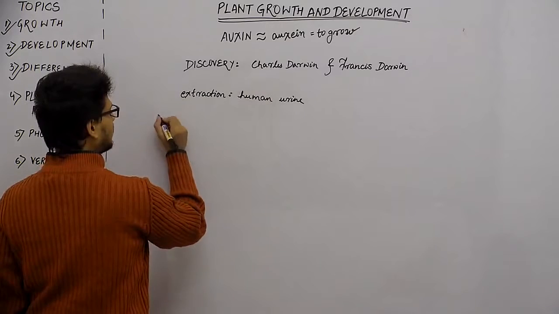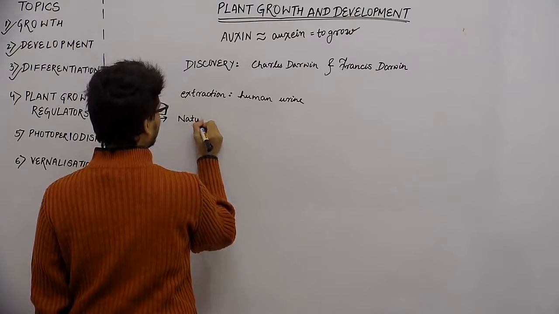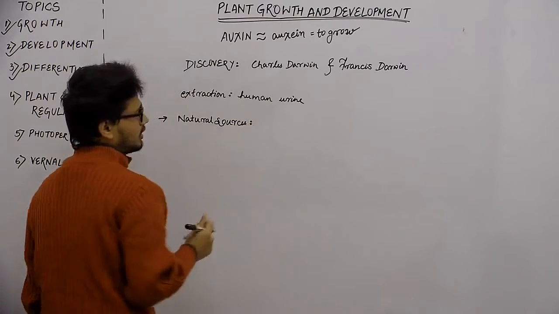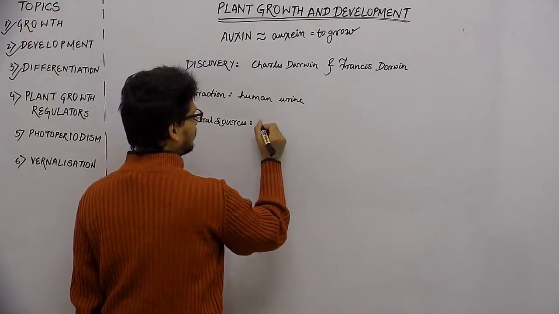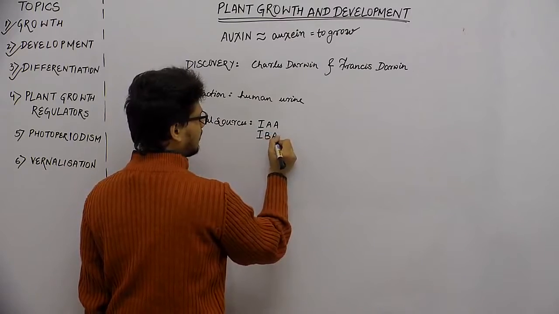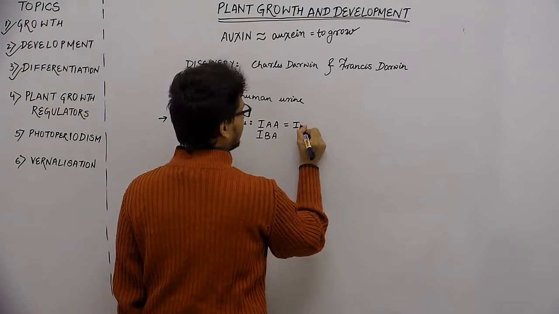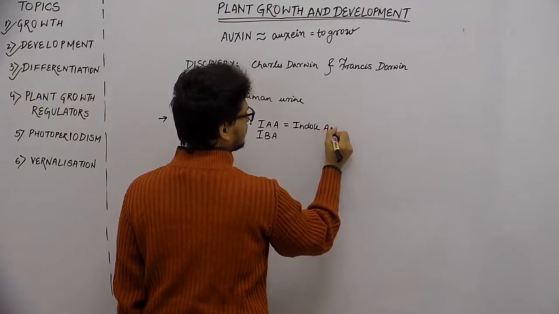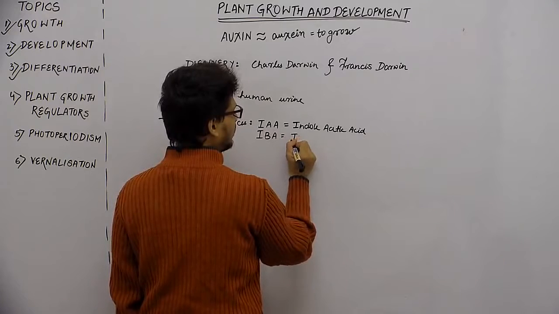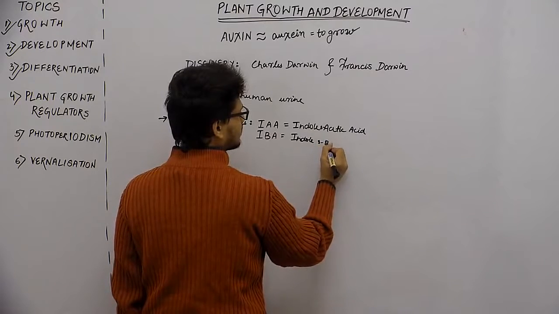Now there are two classes of auxin. The first class is natural sources, that is the one produced in the plant, and they are two in number, IAA and IBA. IAA stands for indole acetic acid, while IBA stands for indole 3 butyric acid.